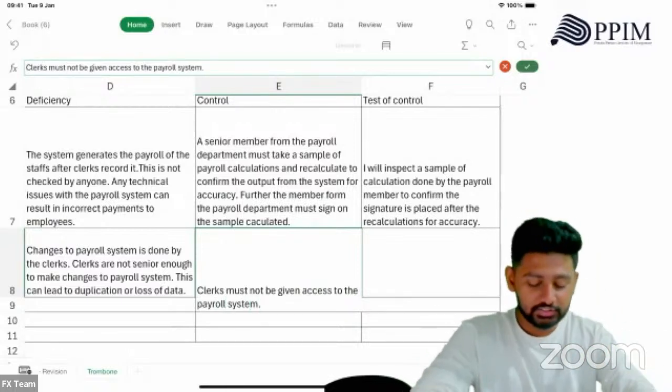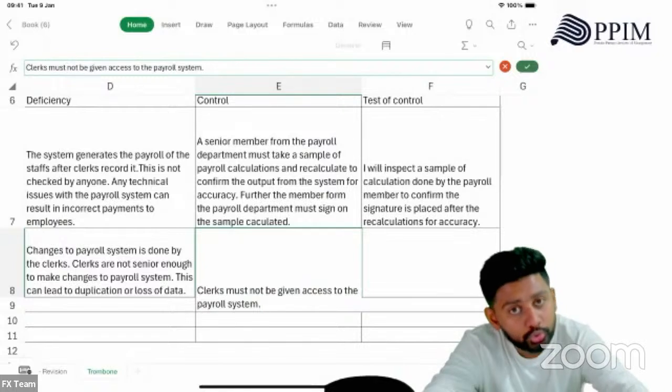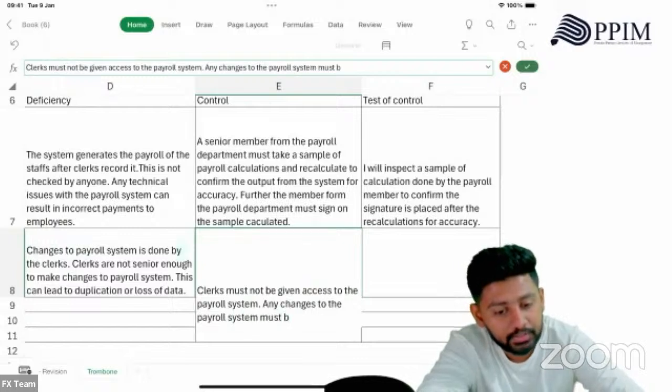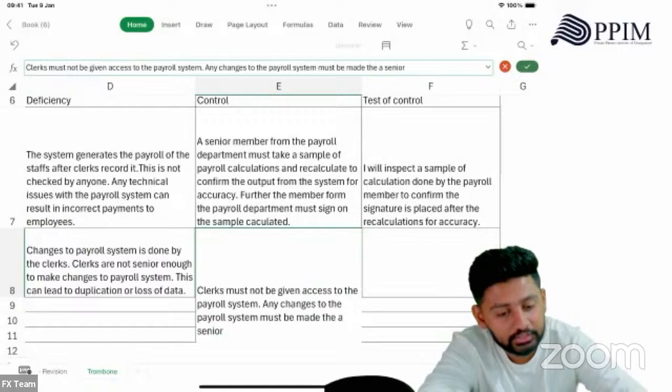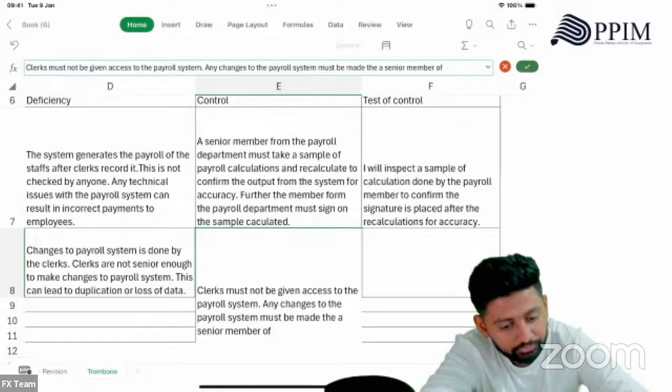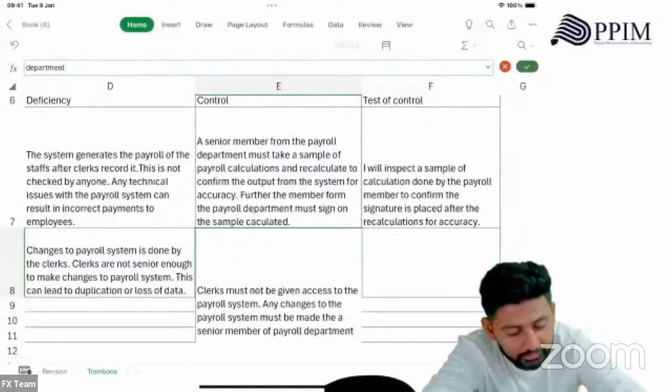Who should do the changes? Any changes to the payroll system must be made by a senior member of the payroll department. Now you're given a control, right?